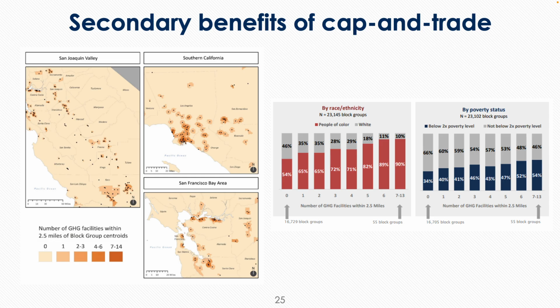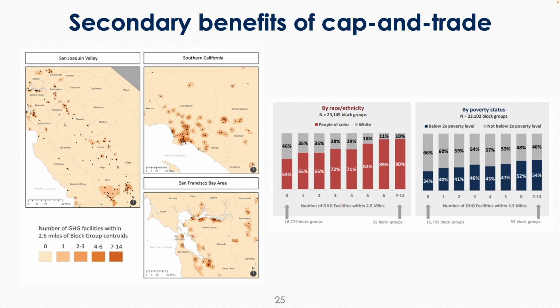One of the things that they looked at was that it also so happens that many facilities, especially industrial facilities that emit carbon, tend to be co-located in certain areas, right? If you look at co-location with people of color, this is the number of greenhouse gas facilities within 2.5 miles, across the state.